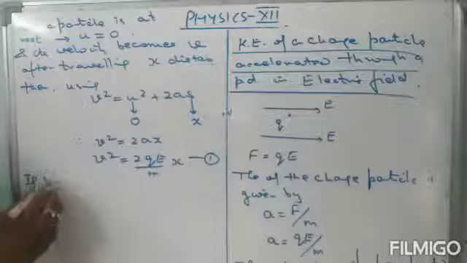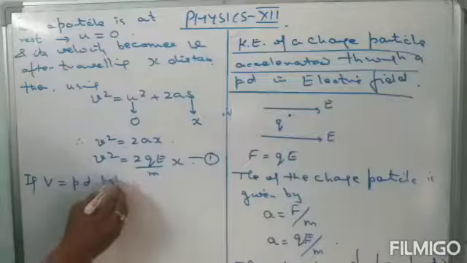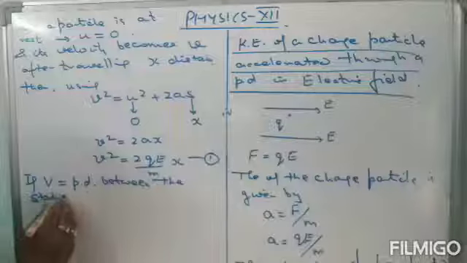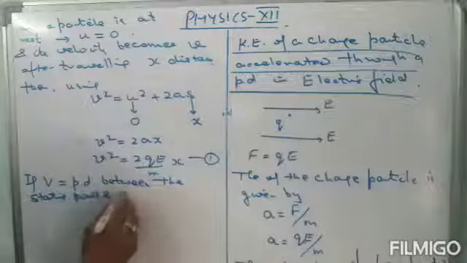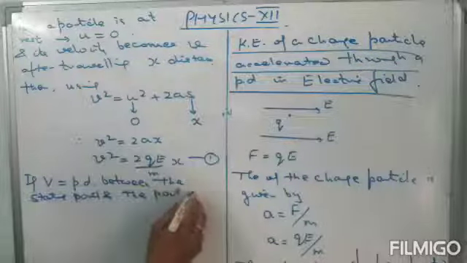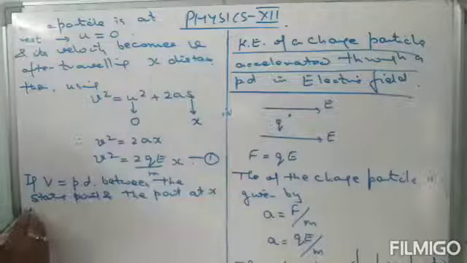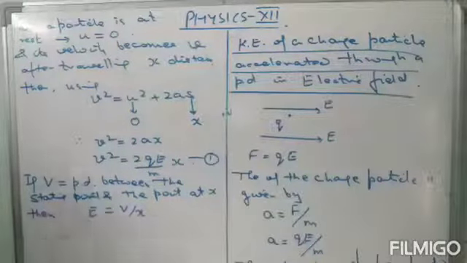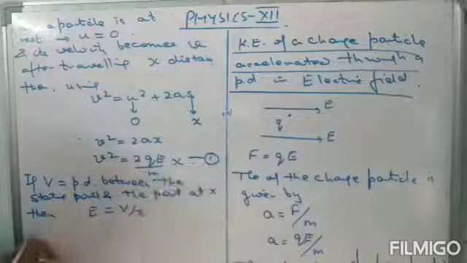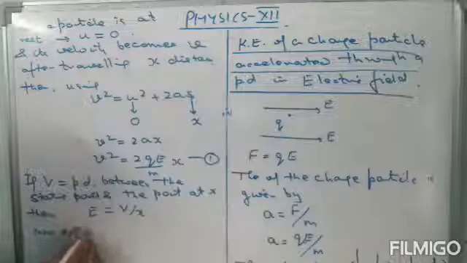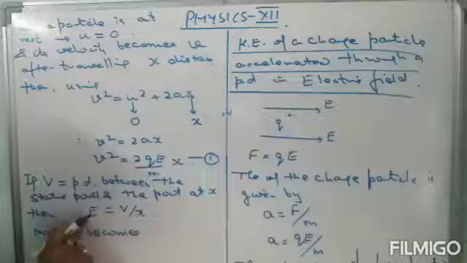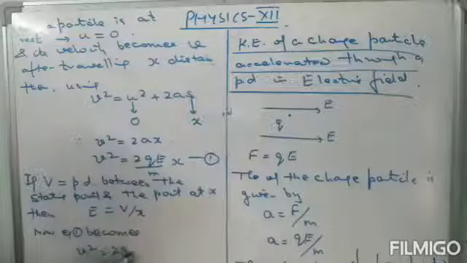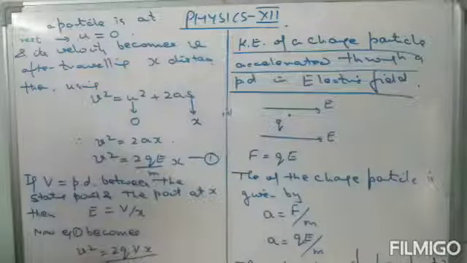If V is the potential difference between the starting point and the point at X, then E is equal to V upon X. Now equation 1 becomes, I'm going to put the value of E as V upon X, and this equation becomes V square is equal to 2QVX upon MX.